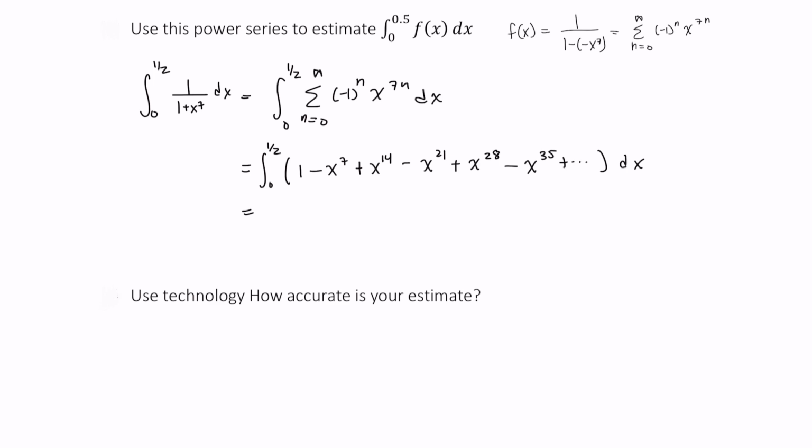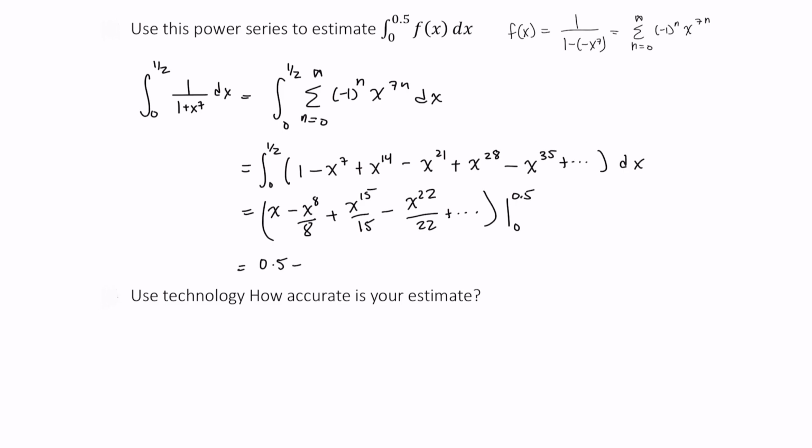There we are. And so I can go ahead and write this as x minus x to the 8th over 8 plus x to the 15th over 15 minus x to the 22nd over 22. And I'm going to stop here. And I want to evaluate this from 0 to 0.5.